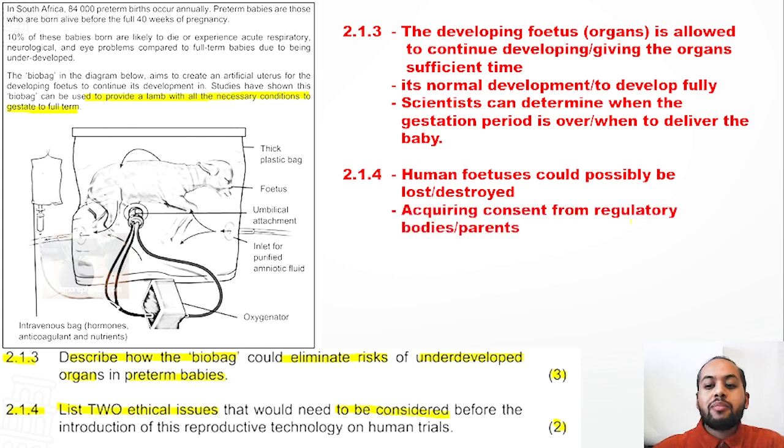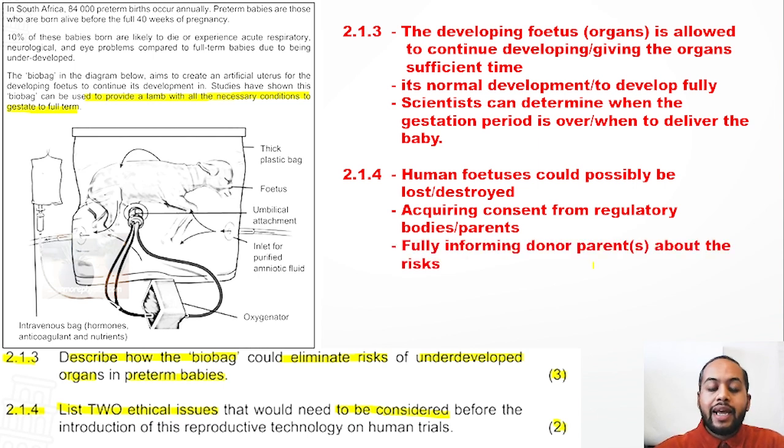Acquiring consent from regulatory bodies, parents, you need to acquire consent from certain people. And last and most importantly, fully informing donor parents about the risk. The donor parents need to be informed about the risks involved in this process before you're actually going to undergo it.